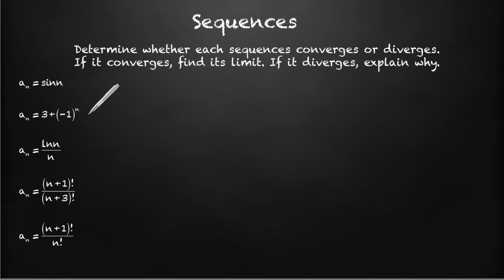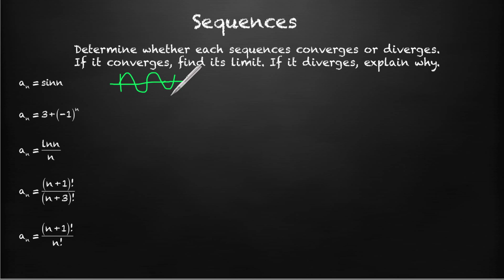All right, continuing, we still want to determine whether each sequence converges or diverges. So here we have 5 different sequences, and the first one, a sub n, is equal to the sine of n. Well, we kind of looked at this one a little bit before, but if we were to graph the sine of x, it would look like this.